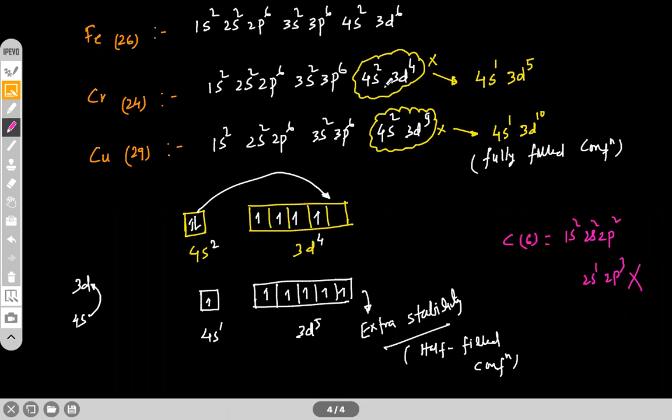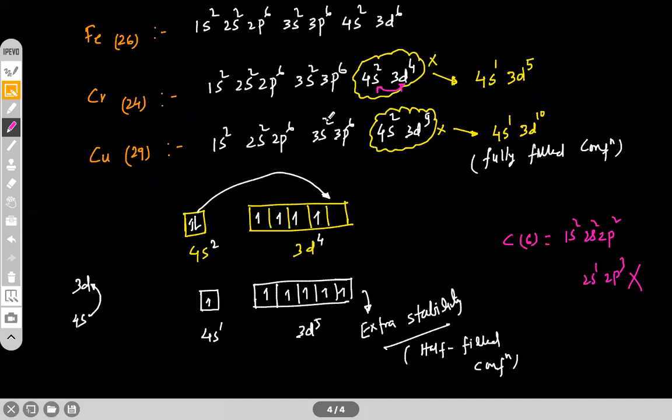This transition is only possible between s and d, like 4s and 3d, or 5s and 4d. It's not possible with d and p also. Only s and d.